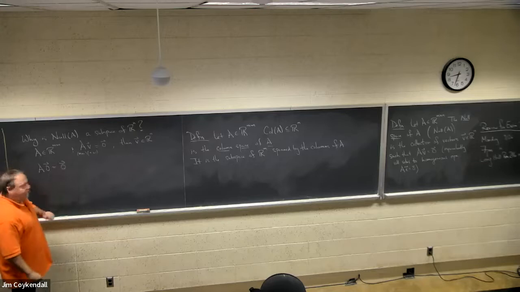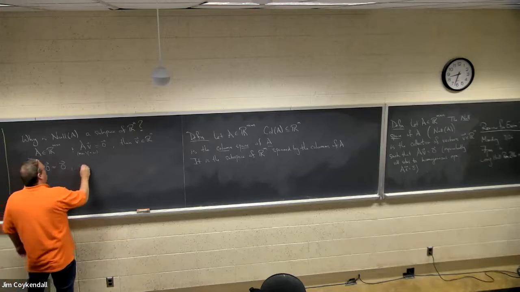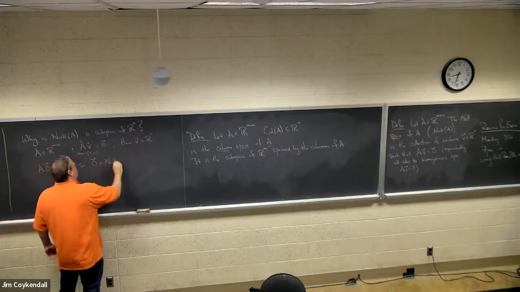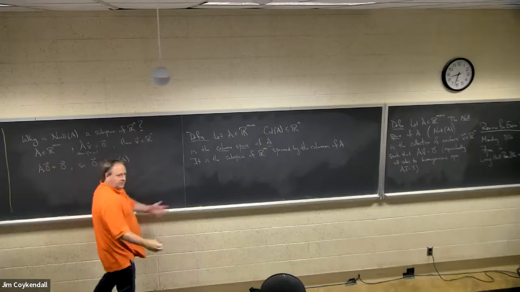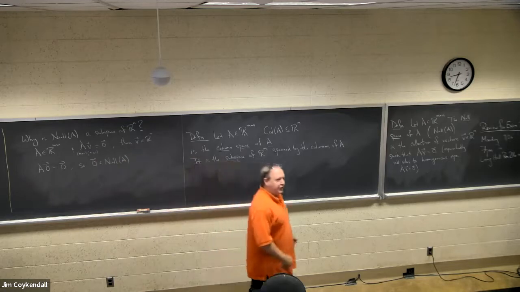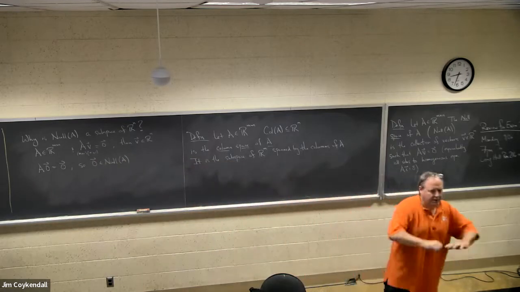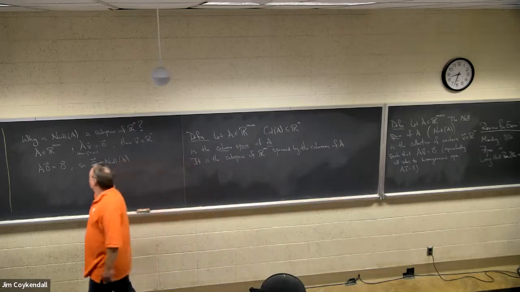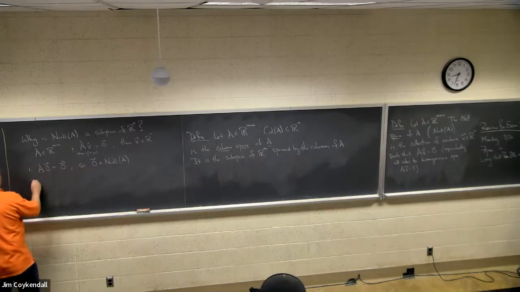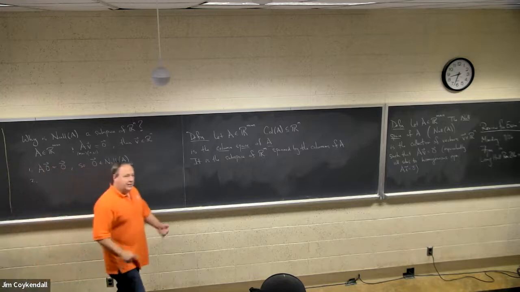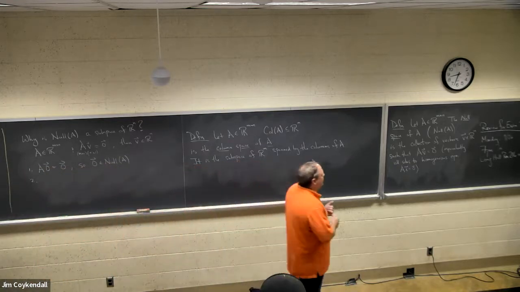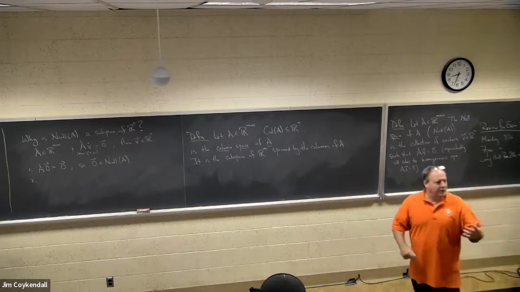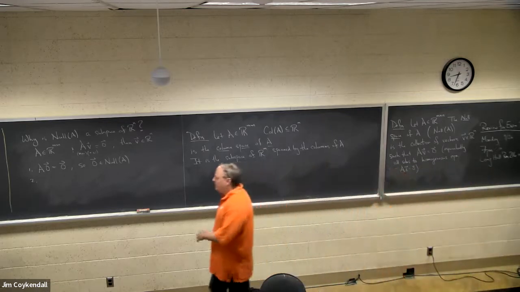So 0 is in null A. There you go. The 0 vector's there, so that's my first obstacle cleared. Okay, to be a subspace, you've got to have the 0 vector living in there. Got that. We also have to have that if U and V live in there, then U plus V lives in there. Okay, let's check that out.